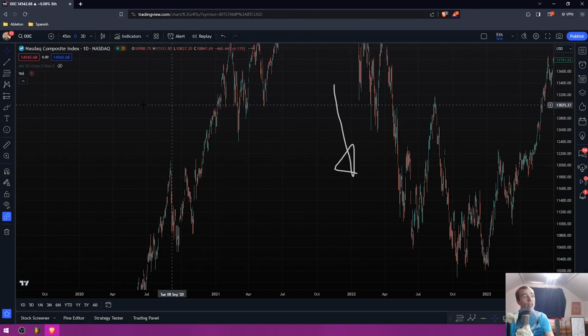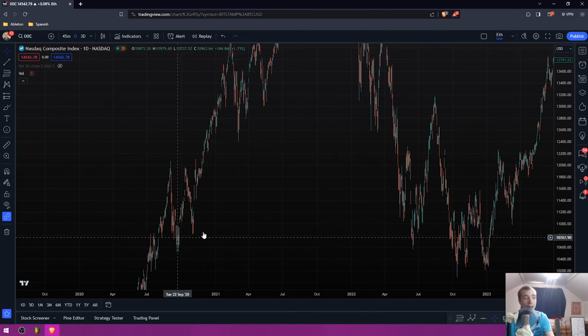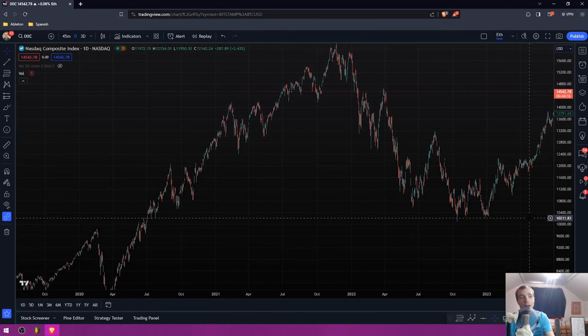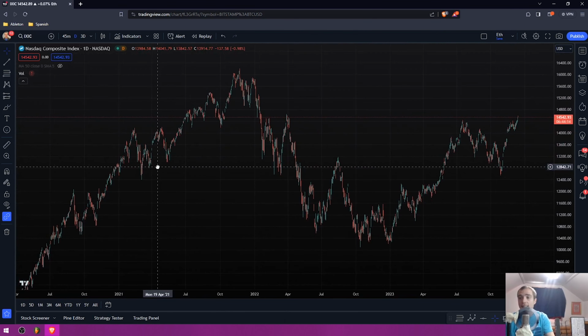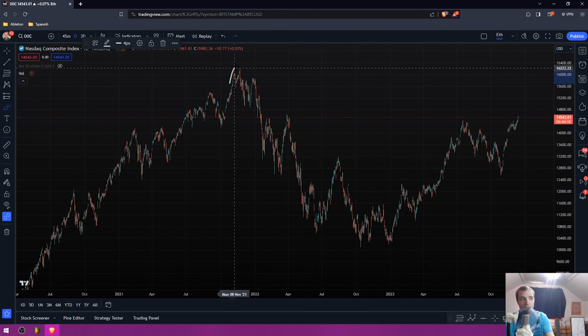So let's go ahead and check that out, because if you look at the IXIC, it's actually pretty incredible how the exact same thing happened on the stock market. You can see a major resistance level right here. Prices come back down to support. They form a support level, they bounce back up, and it tries to go above that level, but it fails to do so.